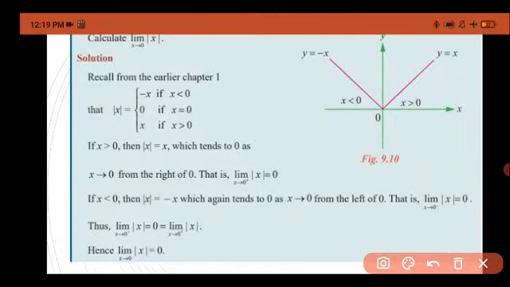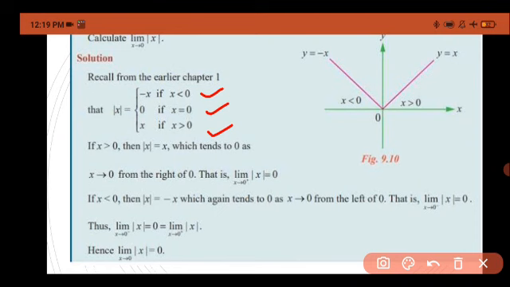The next is, let us understand this with an example. Here we have to calculate the limit of mod of x. Mod of x is defined as minus x if x is smaller than 0, 0 if it is 0, or positive x if x is greater than 0.